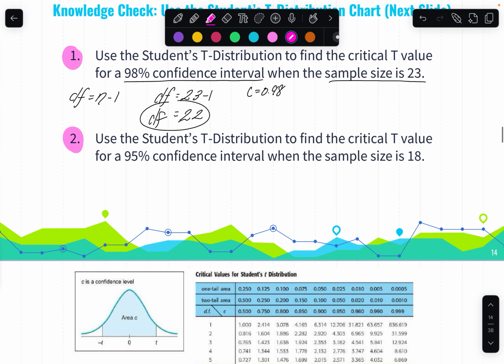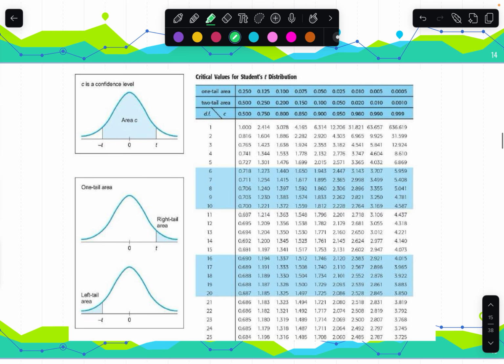So degrees of freedom of 22 is in that first column, highlighted in green, and you look at that whole row. Now you want to find the intersection of that value with a confidence level of 98%, which is 0.98, that I'm going to highlight here in light pink. Don't worry about the one-tailed area or two-tailed area at this time, because you're given the confidence interval.